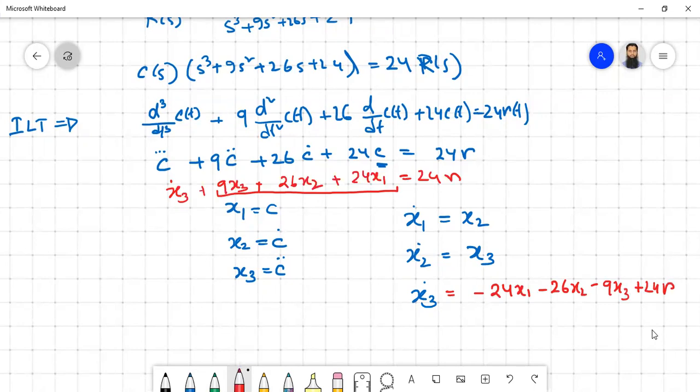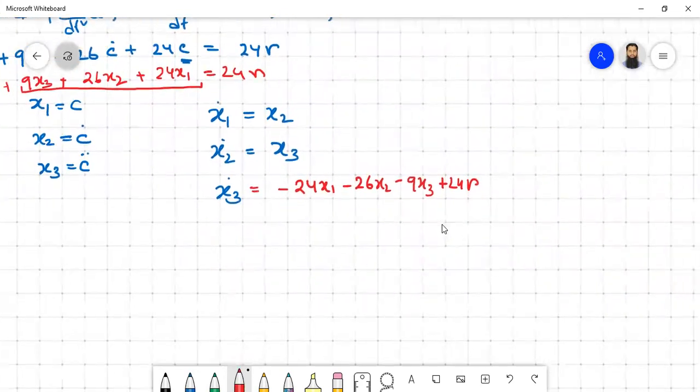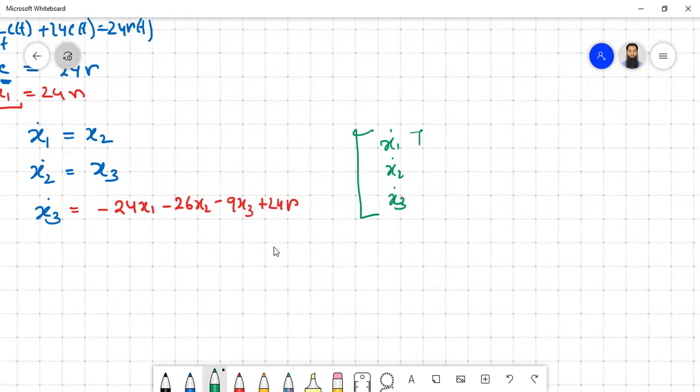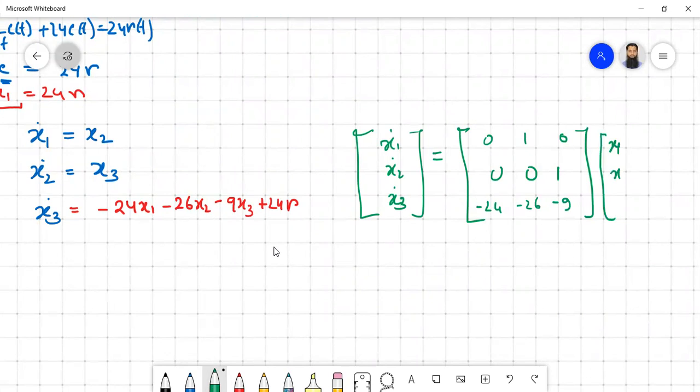Okay, so our representation is almost done. So now what you can write is x1 dot, x2 dot, and x3 dot equal to [0, 1, 0; 0, 0, 1; minus 24, minus 26, minus 9] times x1, x2, x3, plus [0, 0, 24] times r.